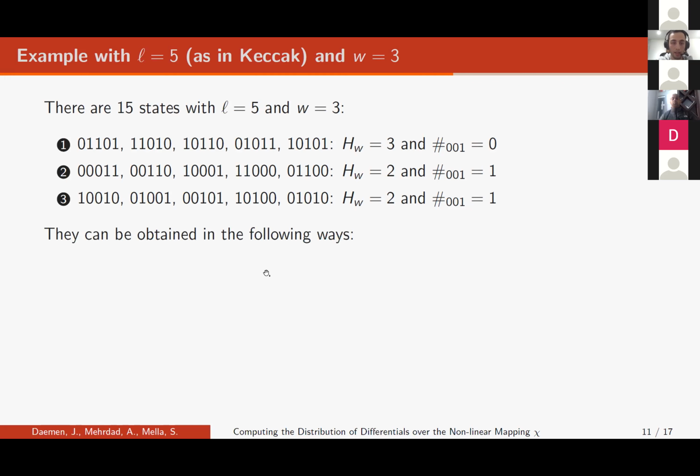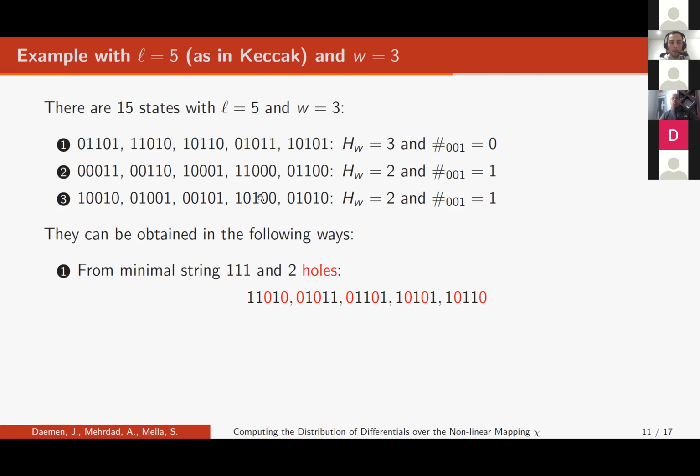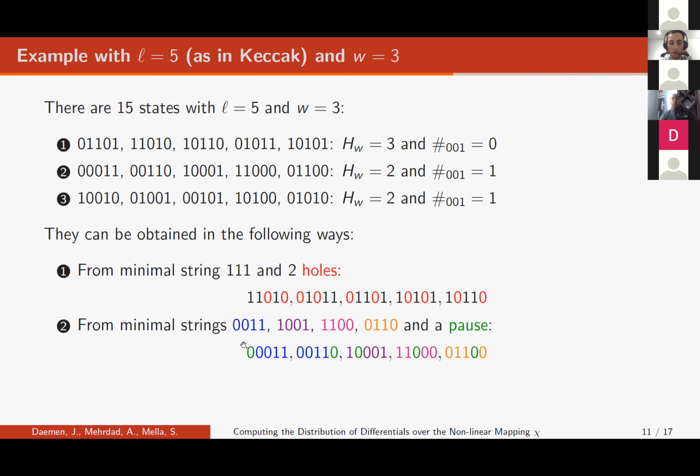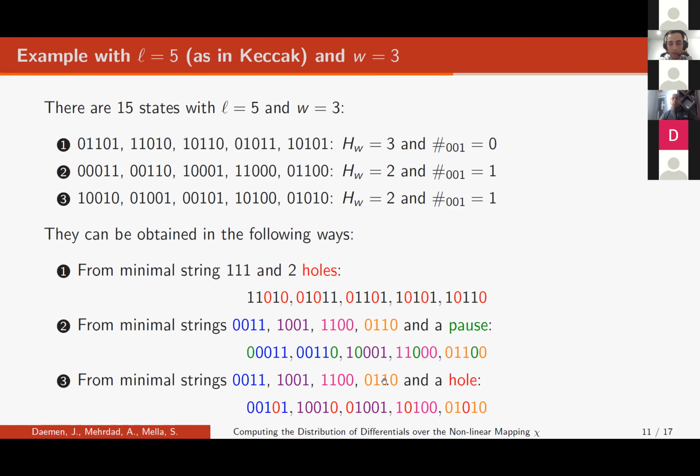For this, we can obtain these strings in the following ways. We can start with this minimal string, 111, and then add 2 holes like this. Or we can start with these 4 minimal strings and add pauses. And also we can start with the same minimal string and add holes to them.